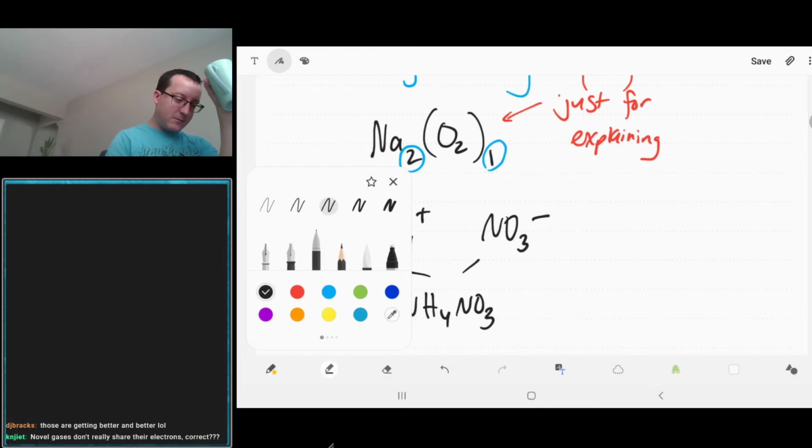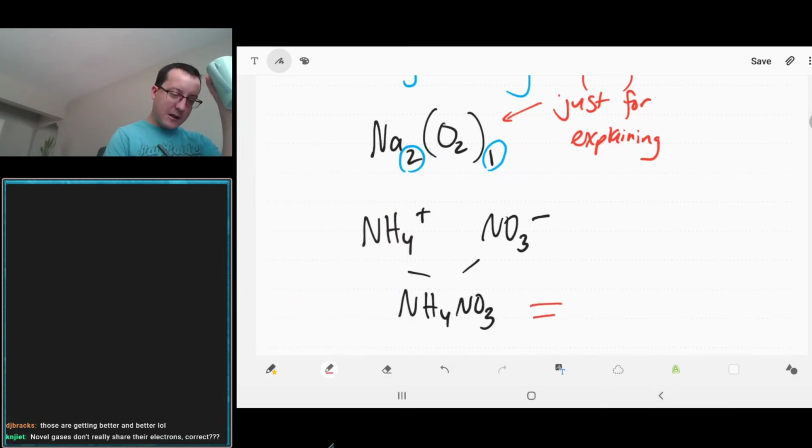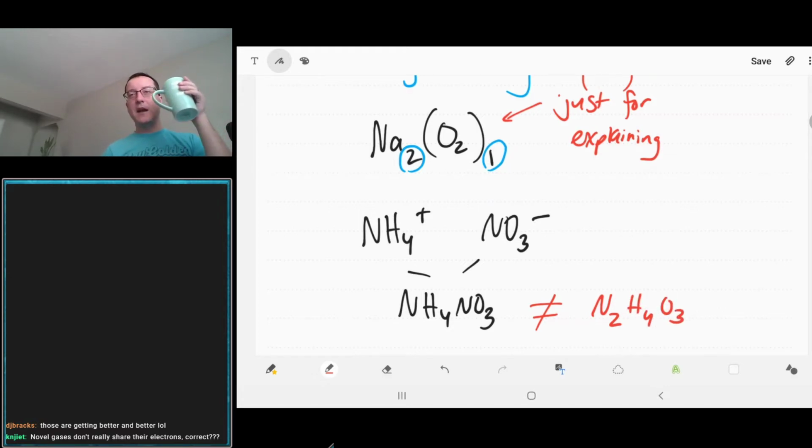We don't do that. Anytime we have polyatomic ions, we are going to keep them nice and separate. So this one is made of the ammonium ion and the nitrate ion. We're going to see this is called ammonium nitrate as a result. And so we describe that by keeping our polyatomic ions as separate units.